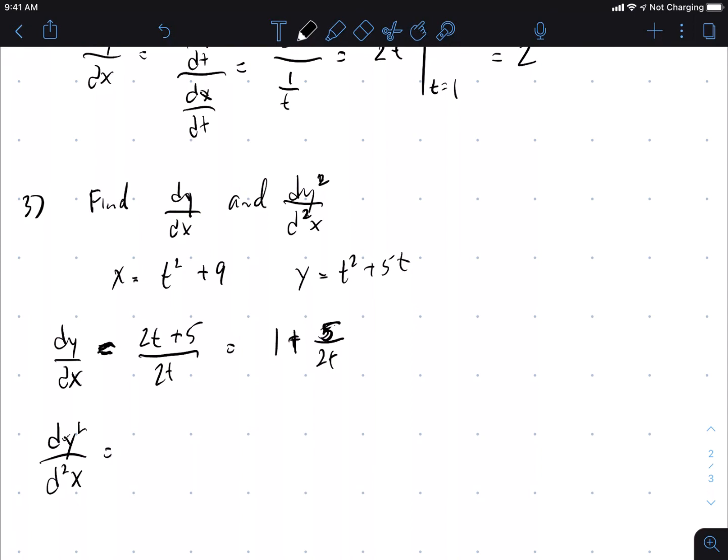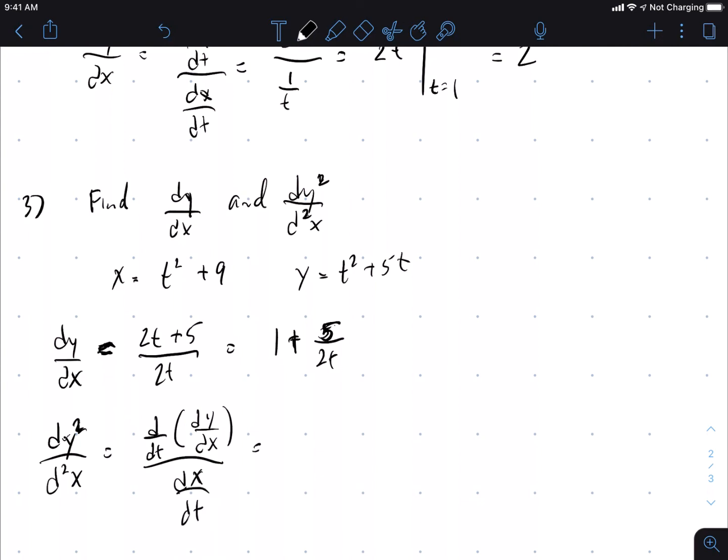How about to find the second derivative? Do you remember the formula? Or should I write it down for you? The quotient rule? For this one, it's a little bit different. Remember, in parametrics, it's d dt of dy dx over dx dt.